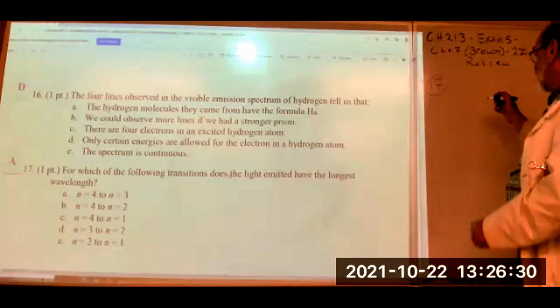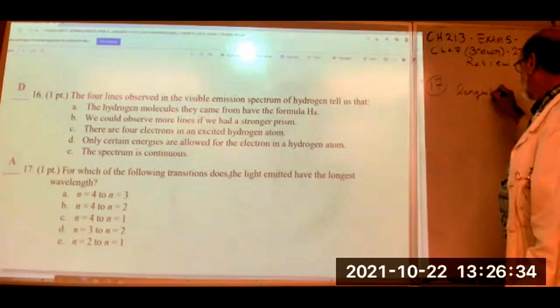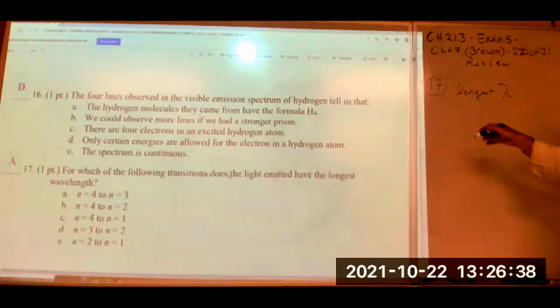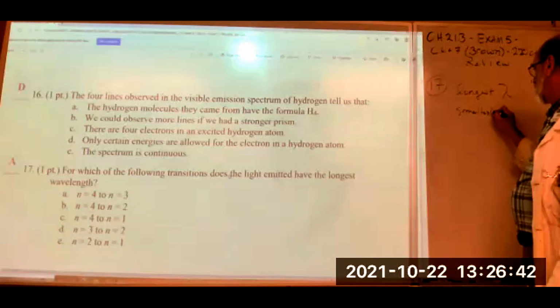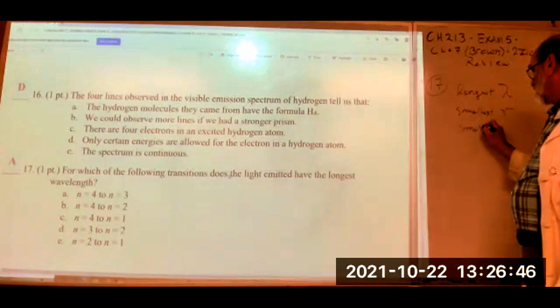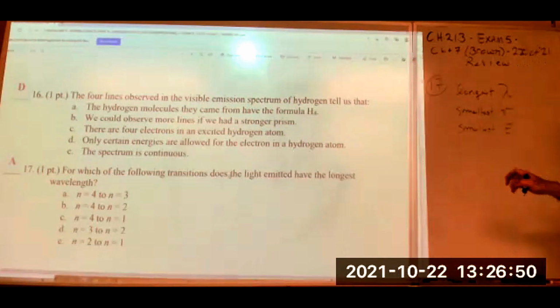Okay. If you want the longest wavelength, that means the smallest frequency, which means the smallest energy based upon Planck's equation.